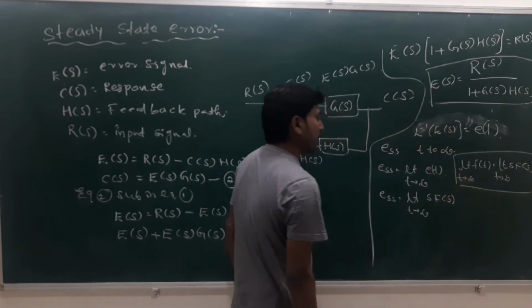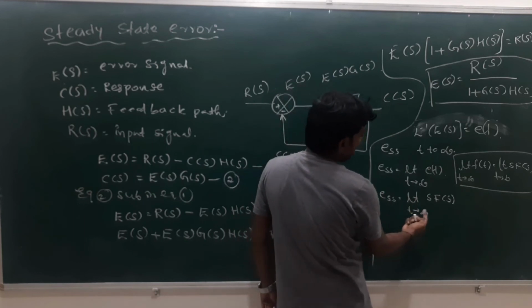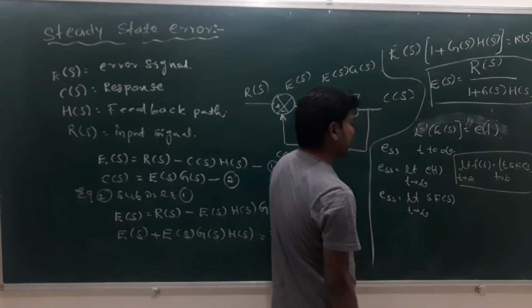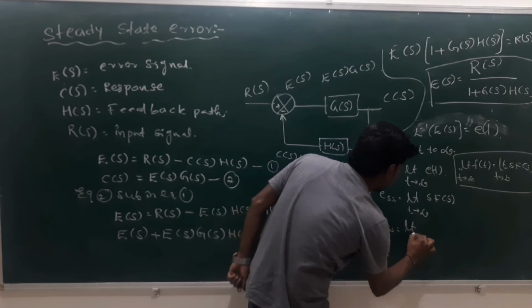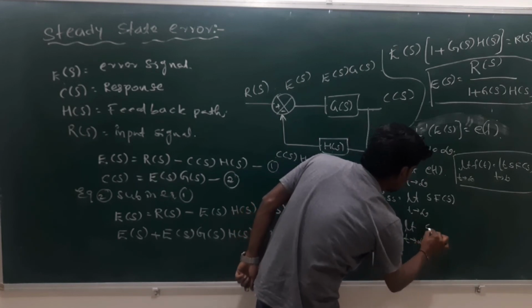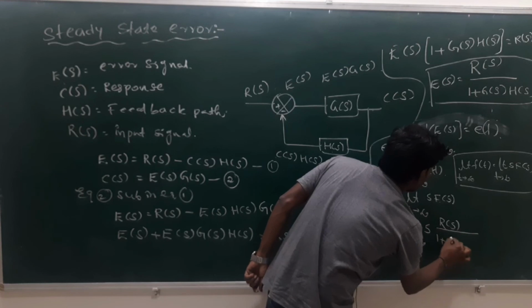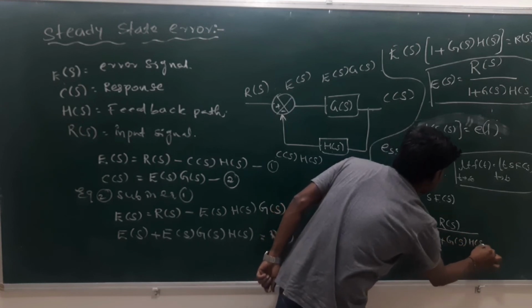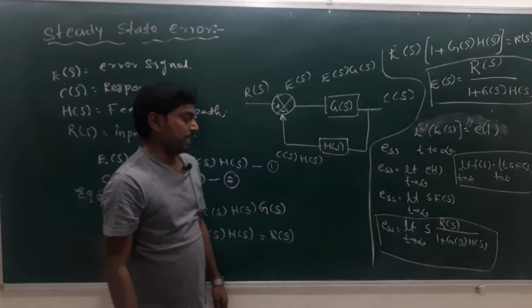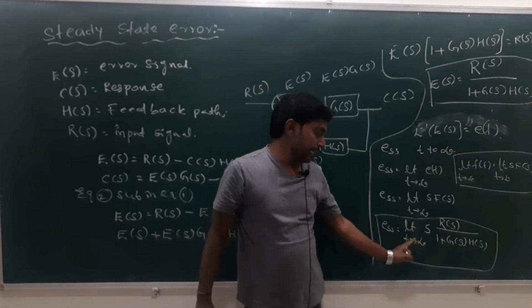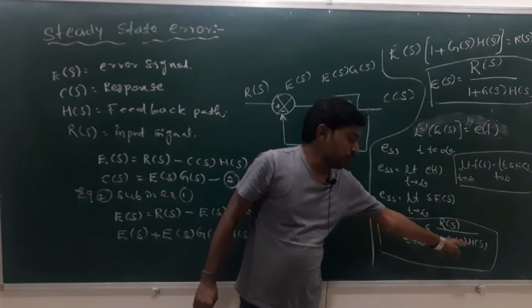Here F(s) is nothing but E(s). So ESS is equal to limit s into R(s) by 1 plus G(s) into H(s). This is the final value of the steady state error.